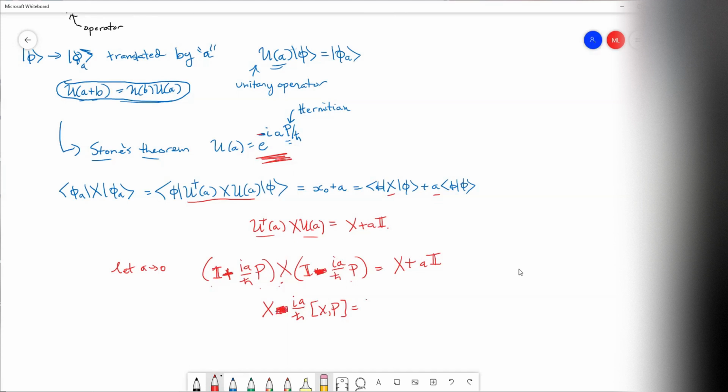And that's all equal to X plus a I. And so now you see the X's cancel, then the a's cancel. You can divide through, multiply both sides by i h bar, and you get that the commutator of X and P is equal to i h bar times the identity.